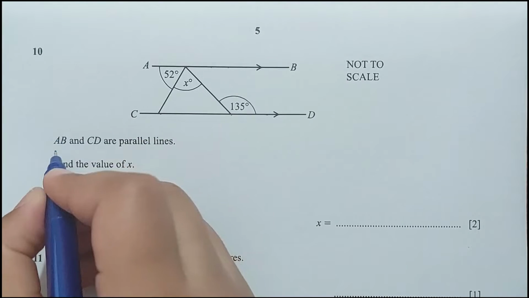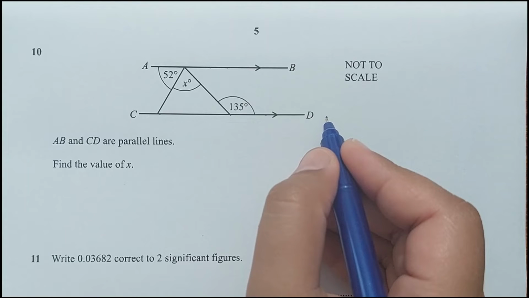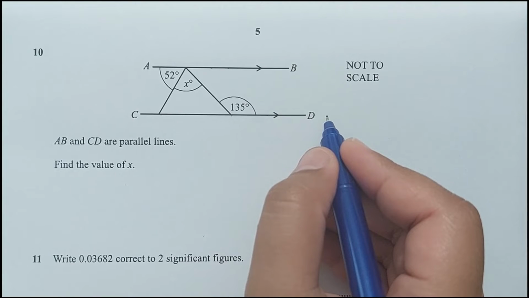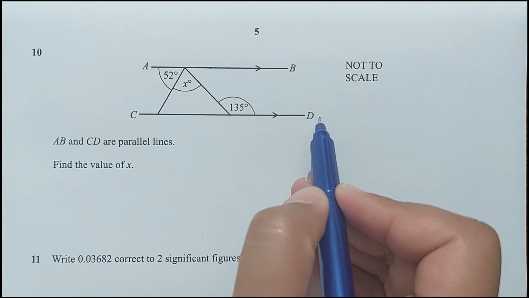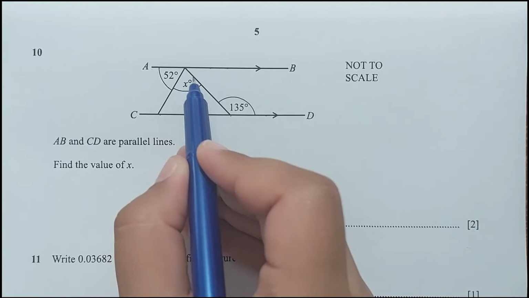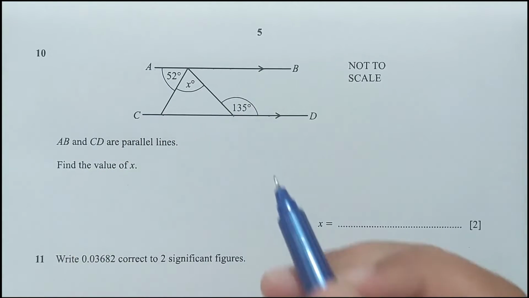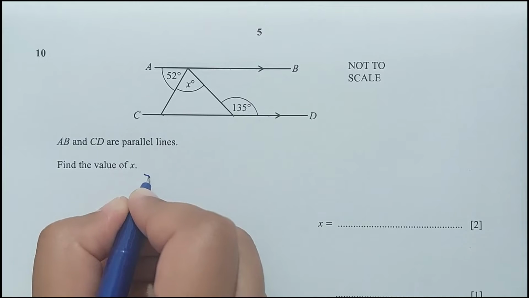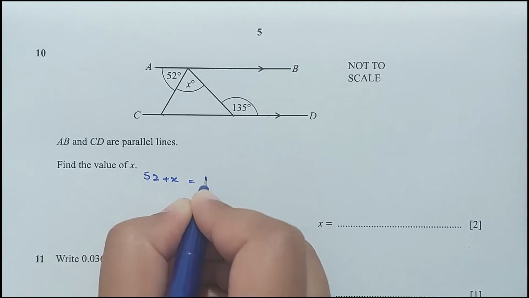Question number 10. A, B and C, D are parallel lines, right? Find the value of x. So these two are parallel lines, which means this angle and this angle are the same, alternate angles. So we can say the angle 52 plus x equals 135.